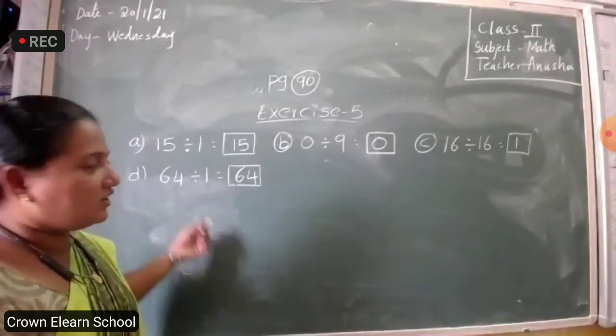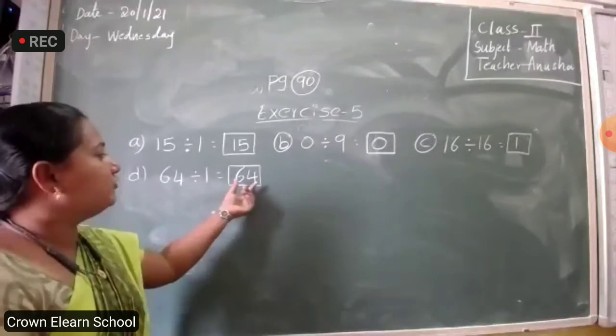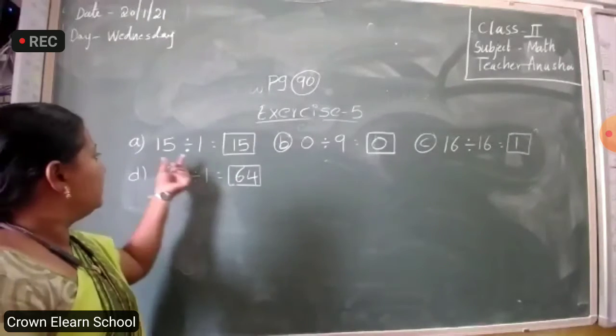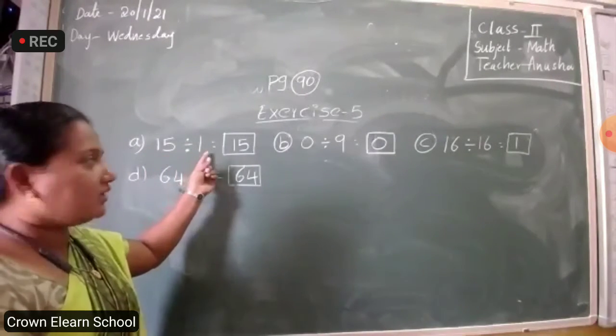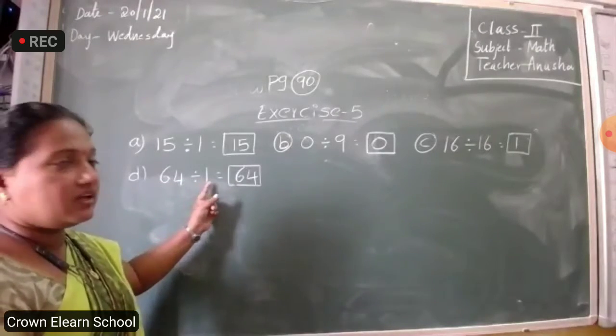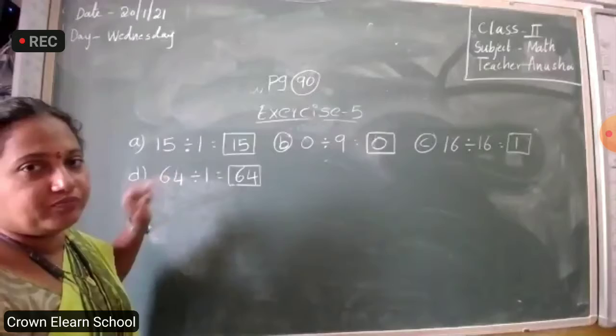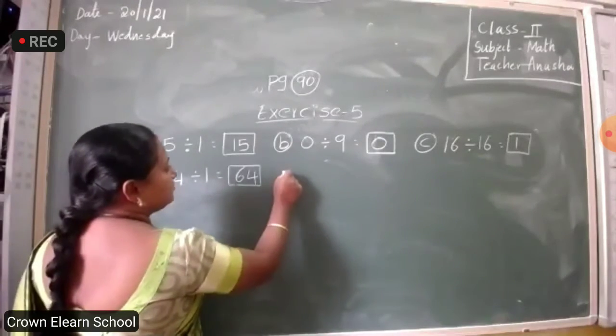So when you divide a number by 1, you will get the same number. 15 by 1, answer is 15. 64 by 1, answer is 64. Okay? First property.